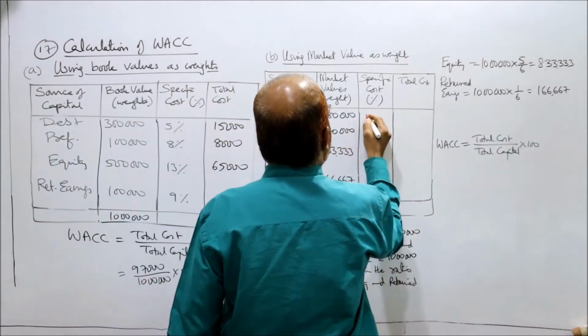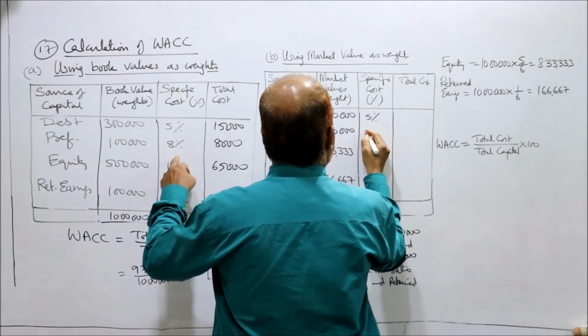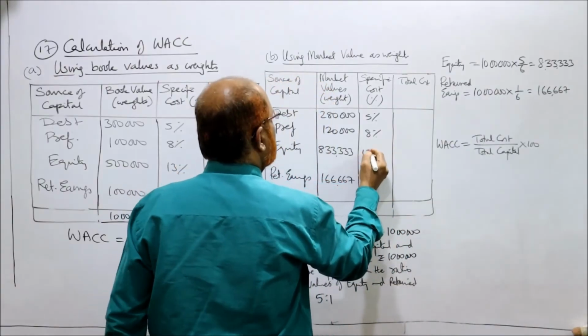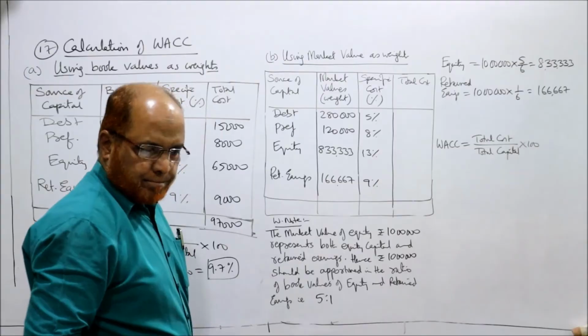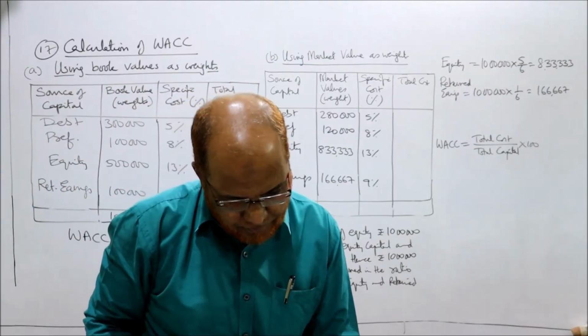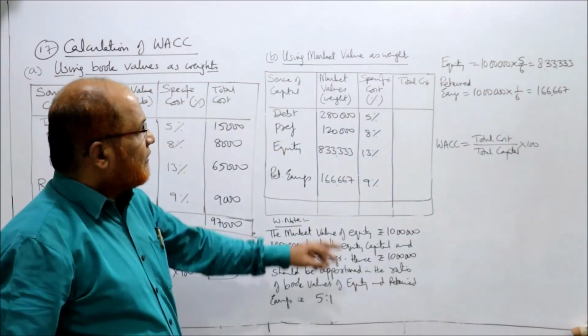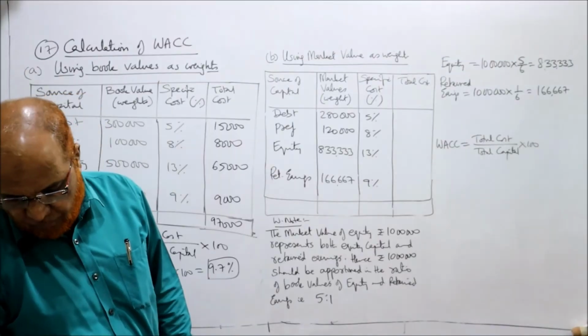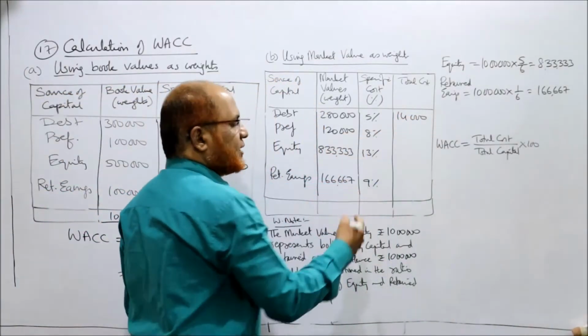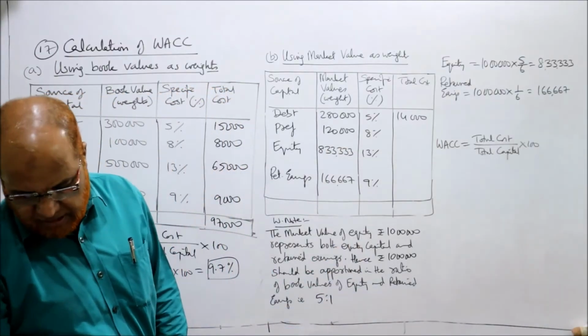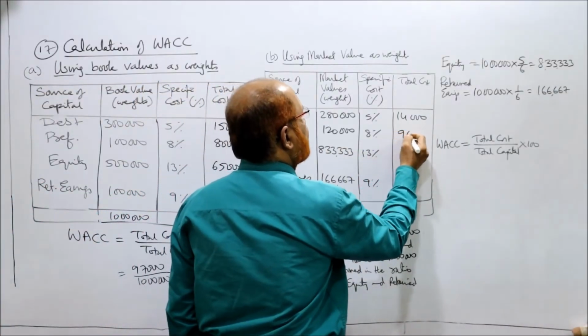Now we take the cost 5%, 8%, 13% and 9%. Now the total. We'll find out 2,80,000 into 5% is 14,000. 1,20,000 into 8% is 9,600.